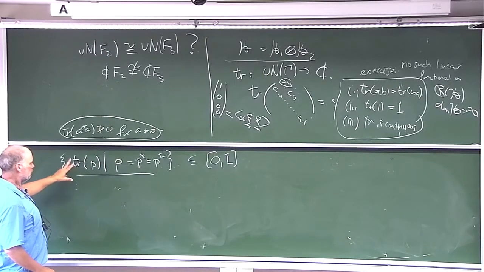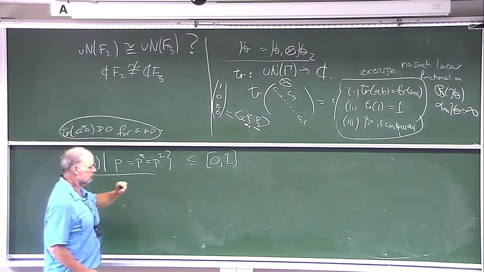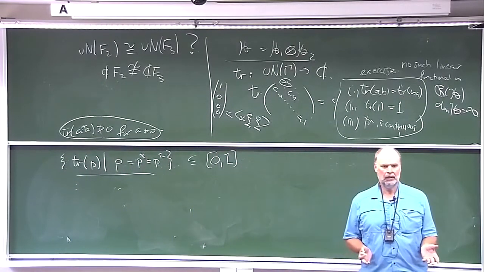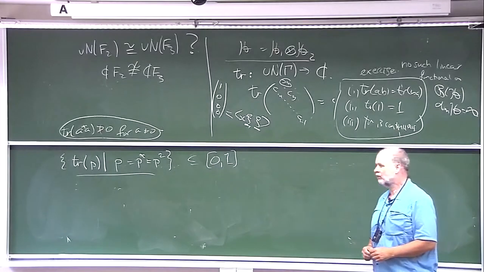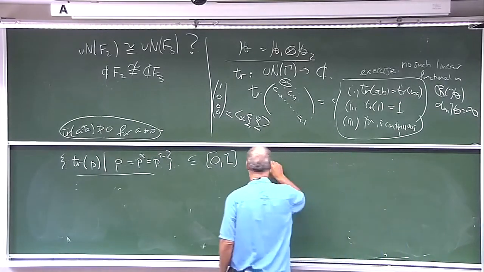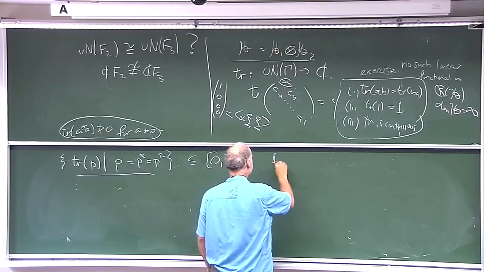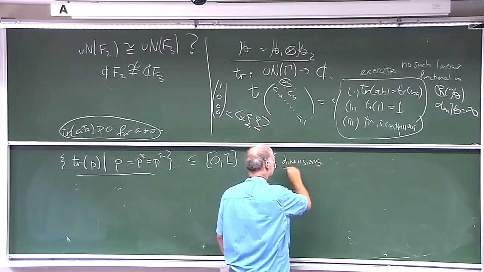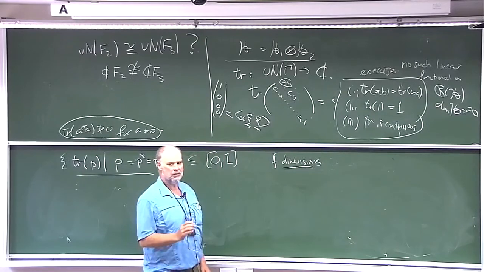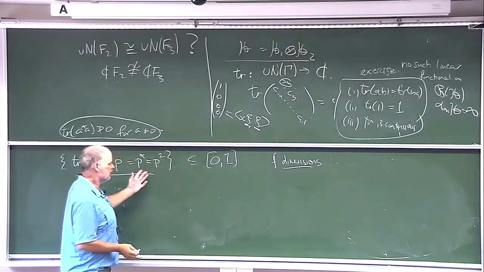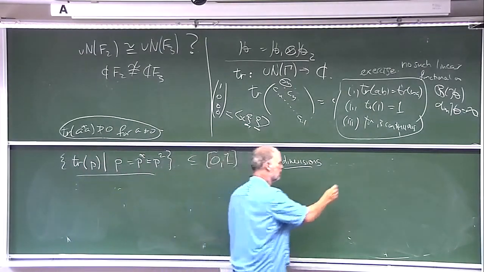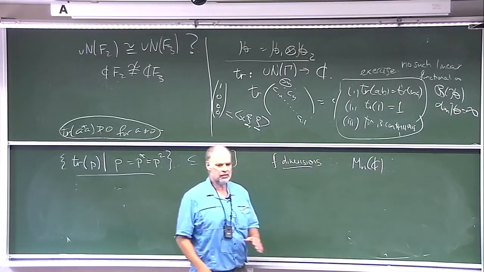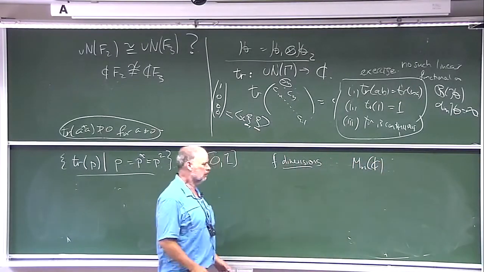So let's try to get some intuition for what it might be as a subset of the unit interval by looking at finite dimensions. What happens in finite dimensions? Well, the n by n matrix algebra certainly has a trace satisfying all of these nice conditions.